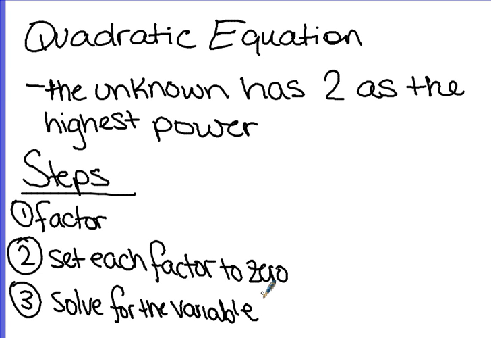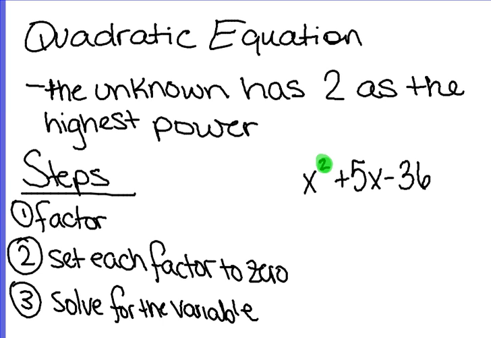For example, if I had an equation that was x squared plus 5x minus 36. This is a quadratic because the exponent here is 2, and that's the highest power. This x here is an understood exponent of 1. This doesn't have a variable at all. So our highest power to our unknown is a 2, which makes this a quadratic.